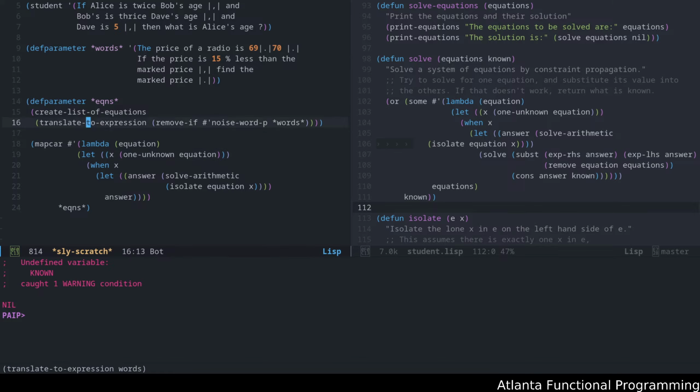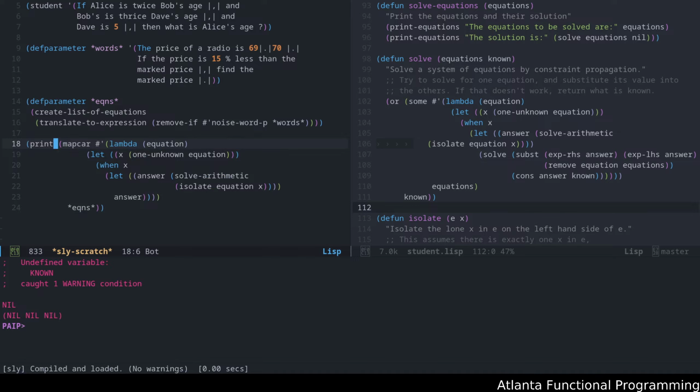And now wait. Why is this guy getting okay? Okay, so this works. So let's do this. Print and see what happens. Nil, nil, nil. Okay, so we have to go one step further.